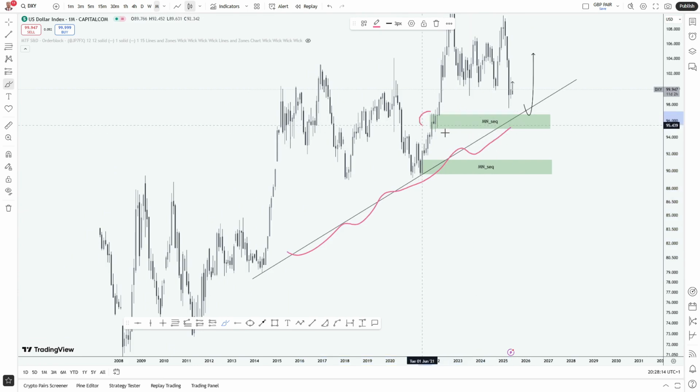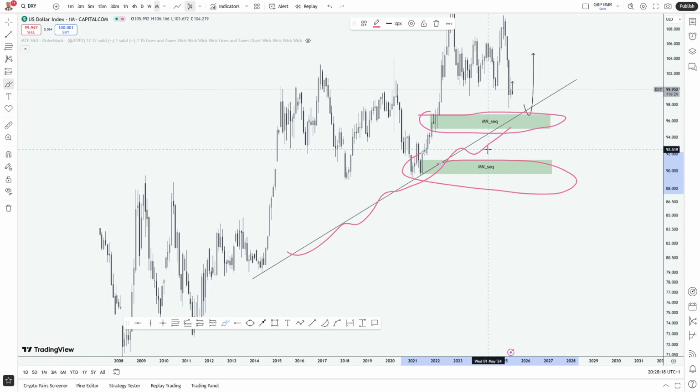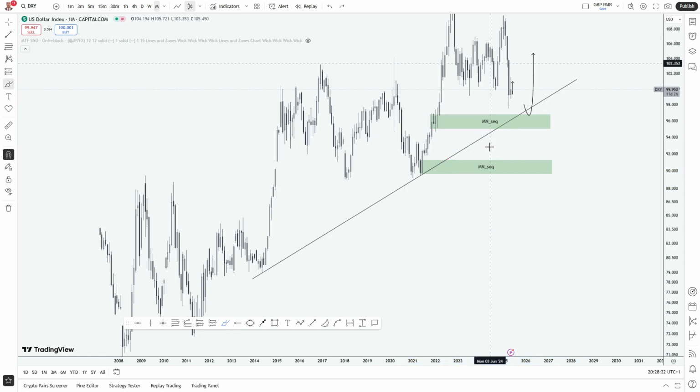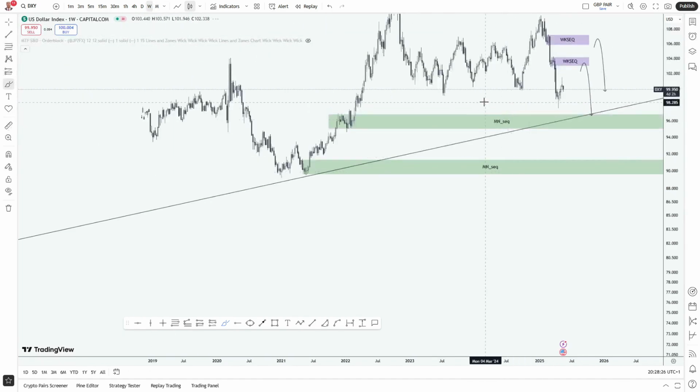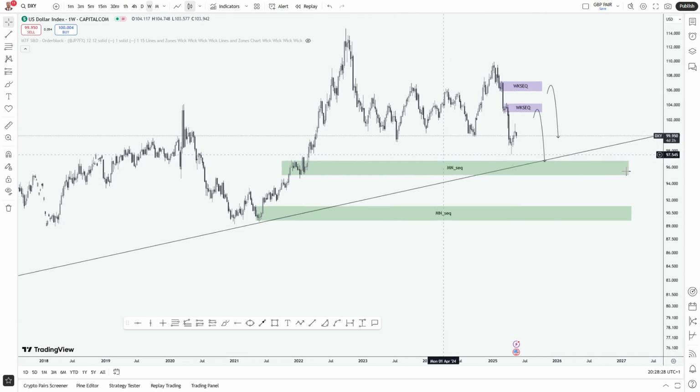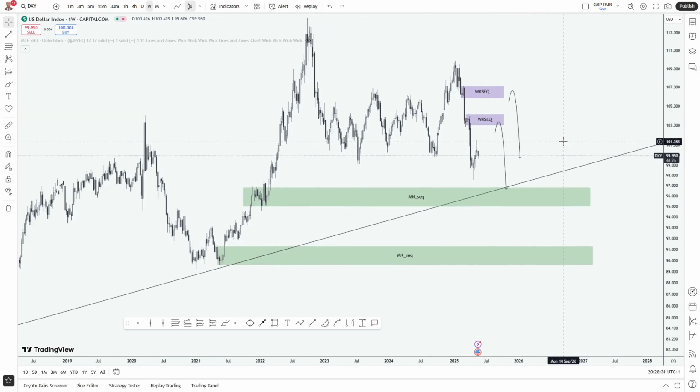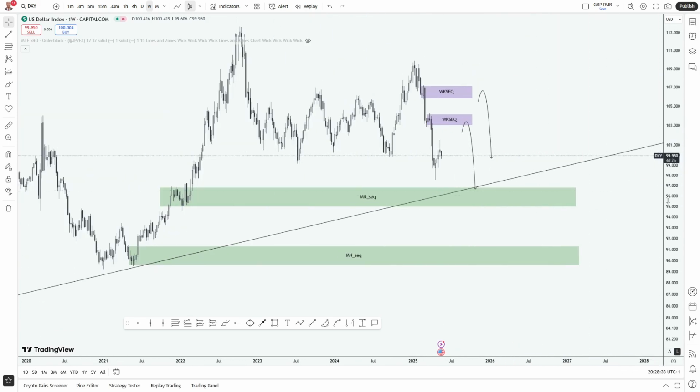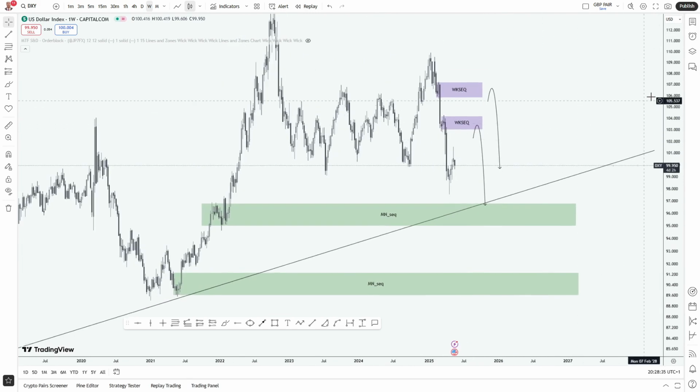We have this demand zone here, still intact, so buyers are in control on the monthly time frame. Then we go to the weekly. The weekly is bearish, just like we established last week.